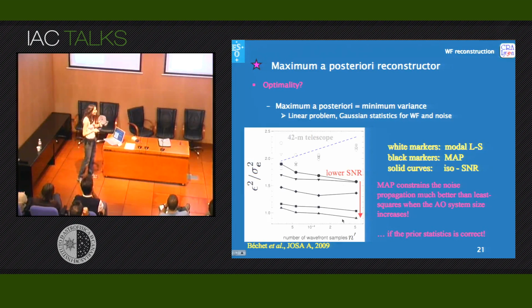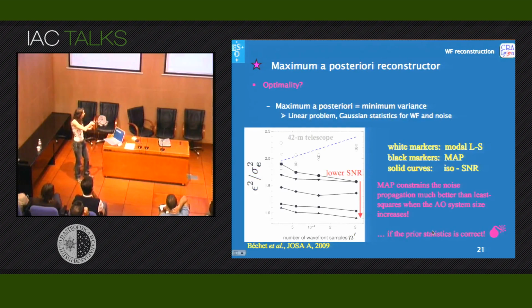I have done first a theoretical analysis of this, which means that one in the maximum a posteriori estimator uses both priors on the turbulence trends and priors on the noise variance. And what you can do is suppose that you did not estimate these two correctly.